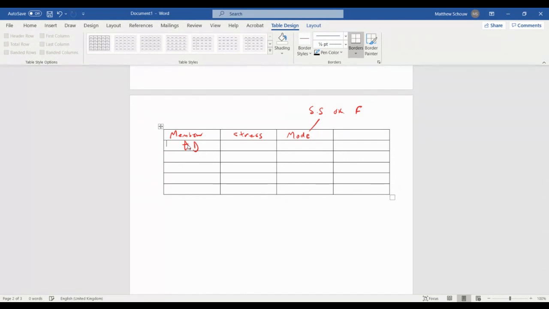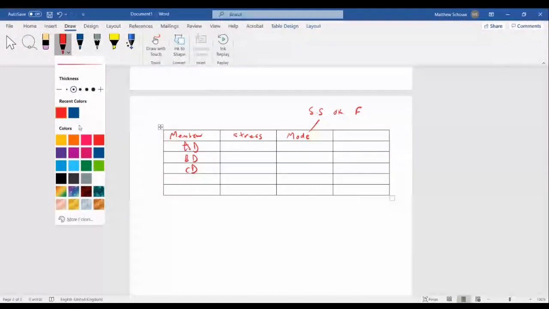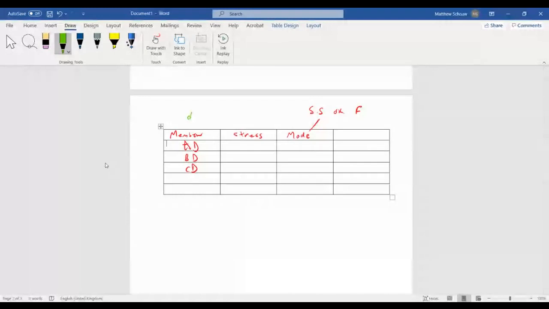AD, BD, and CD. So remember our criteria for this case: our yield is going to be 365 megapascals. That's our yield for the material, and I've given you an area, that's going to be 15 times 10 to the power negative 6 meters squared.